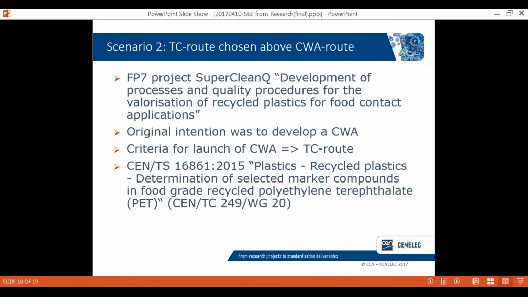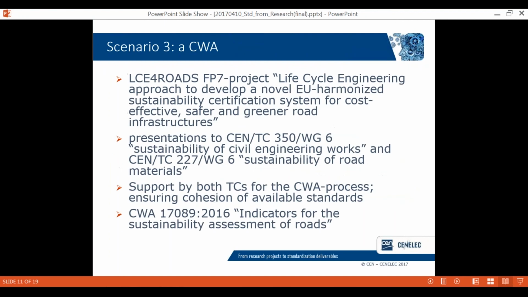The third example is one where the CWA was delivered. The LCE for roads project was to address a methodology to characterize safer and greener road products and infrastructures. The project was to deliver a CEN workshop agreement defining the indicators to be used in sustainability assessment of roads.